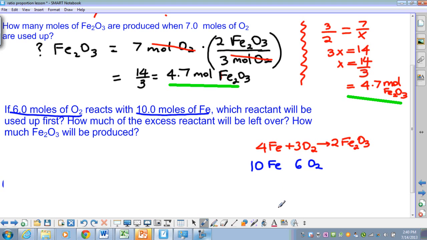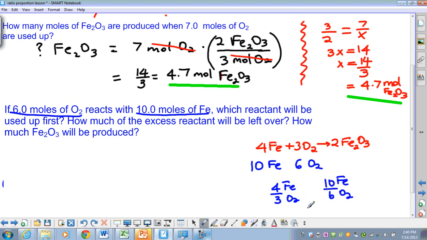If we form a ratio, the correct ratio is 4 to 3. What we have is 10 to 6. That's the Fe to O2 ratio on both sides.